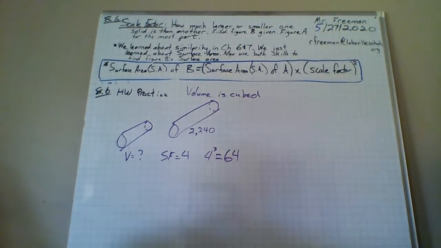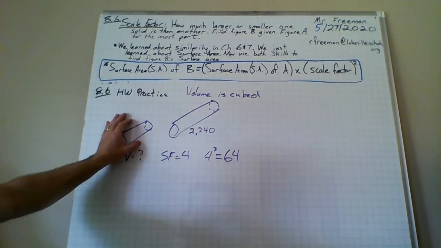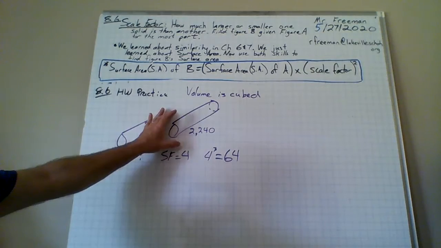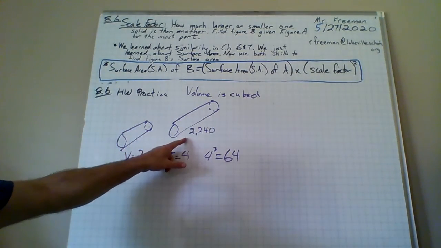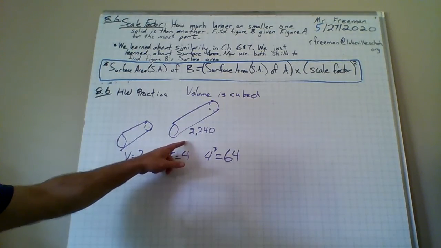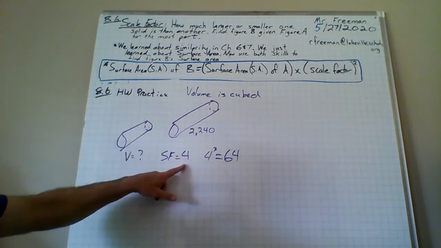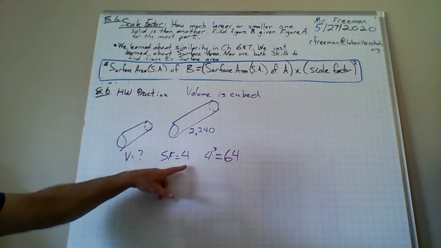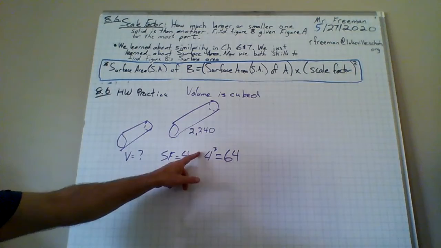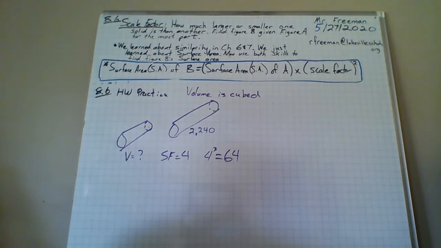Okay, I already had a lot of thoughts thrown at you here. We don't know the volume of the first cylinder. We're given the second one this time, and we've got to go back and find the first one. So if we're given the volume of the second one, we've got to think, okay, this was enlarged by a scale factor of 4, but it's volume. Volume is not that formula. Volume has to be something cubed. So if it was cubed, it was 64. 4 cubed is 64.